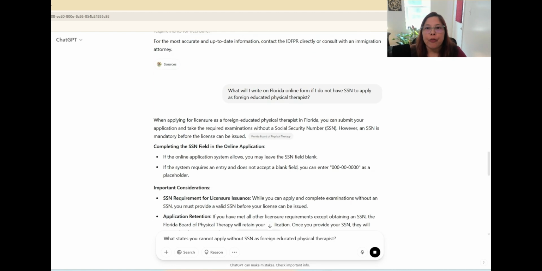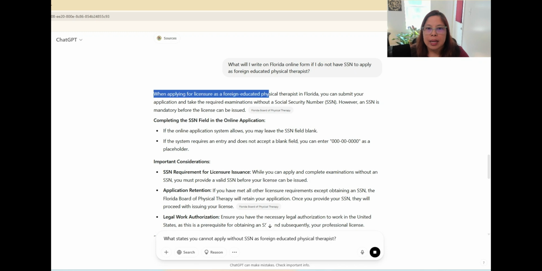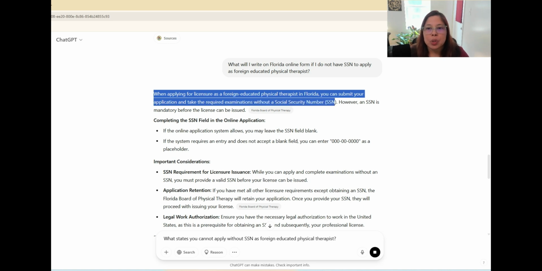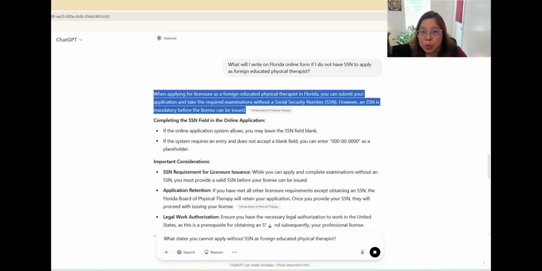Okay, so for Florida, when applying for licensure as a foreign educated physical therapist in Florida, you can submit your application and take the required examinations without a social security number. However, a social security number is mandatory before a license can be issued. Okay, so you can take the exam, but you cannot get your license.